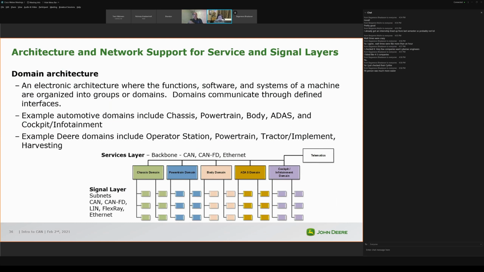Another aspect of this is the domain architecture that's coming in all vehicles: automotive, off-road, and on-road. It's really about decomposing the machine down into functions, and this is where systems engineering plays a really strong role.